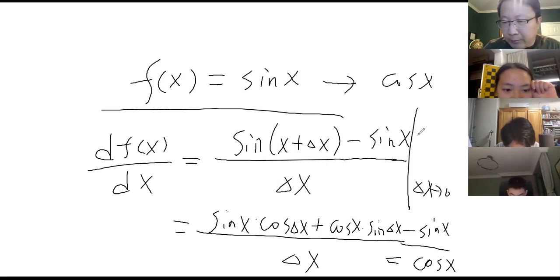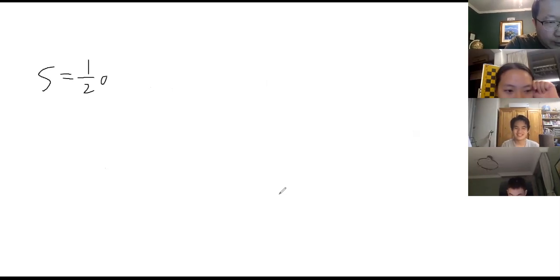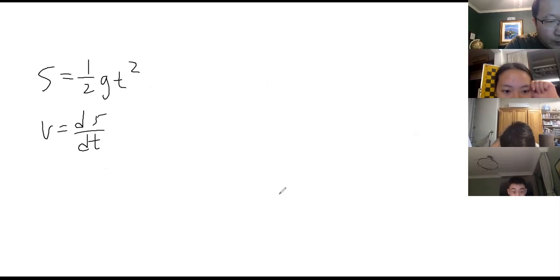So now I'm going to come back to this case. Remember our initial s is one half g t squared. v is ds/dt. Sometimes we write it this way, with a dot on top, which really means derivative, or some people write it this way.